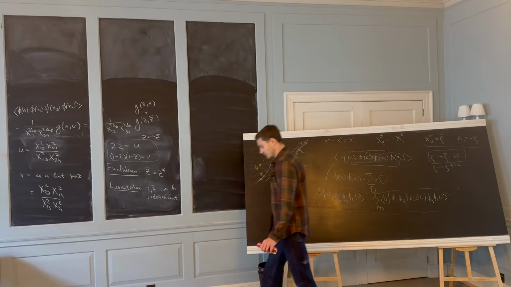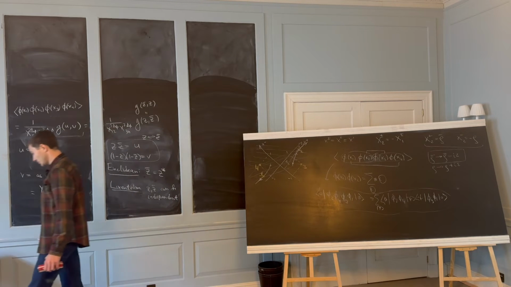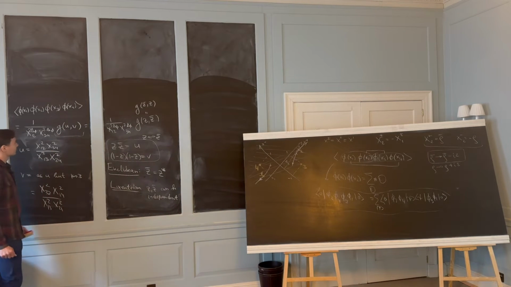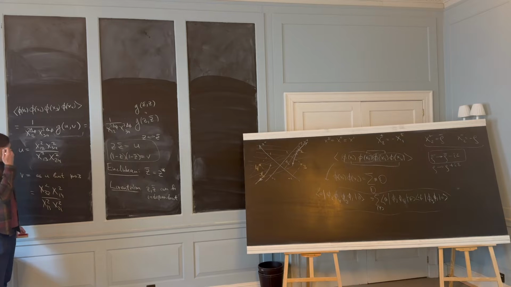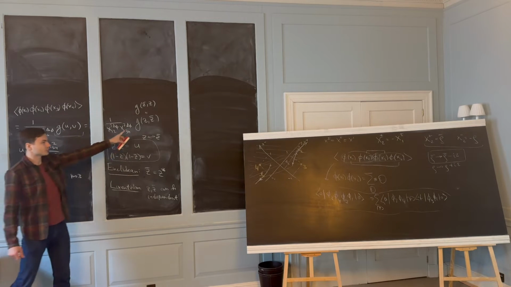Okay, so now if we ask about what conformal block expansion means, conformal block expansion is basically an identity for this function g of u v, or this function g of z z bar.